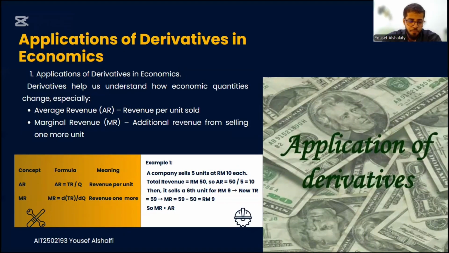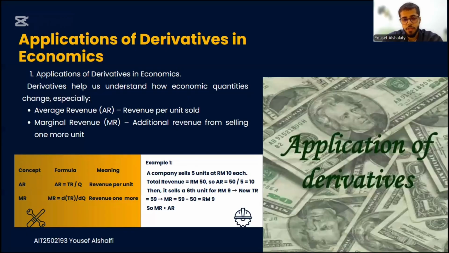So we have two formulas. The first one is the average revenue, which is equal to the total revenue over quantity. This is for one unit. And also the marginal revenue, which is the differentiation of total revenue over the differentiation of quantity. This is when we add one more unit.